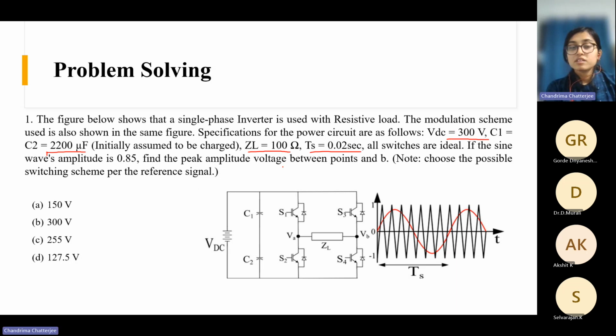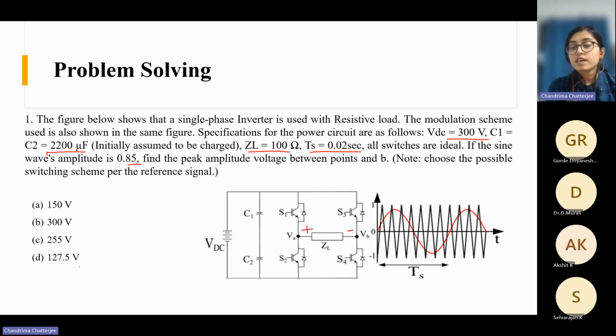If the sine wave's amplitude is 0.85, then find the peak amplitude voltage between points A and B. So what will be the peak amplitude of voltage between this point A and point B? So that we need to answer.